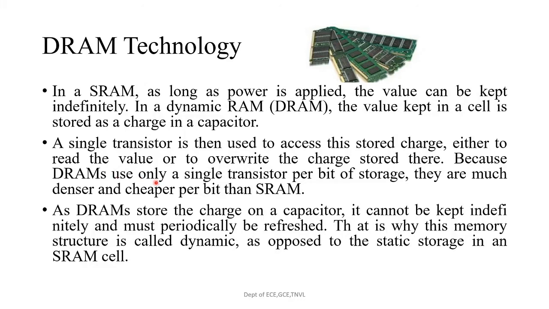Because DRAMs use only a single transistor per bit of storage, they are much denser and cheaper per bit than SRAM. As DRAM stores the charge in a capacitor, it cannot be kept indefinitely and must periodically be refreshed. And that is why this memory structure is called dynamic as opposed to the static storage in an SRAM cell.